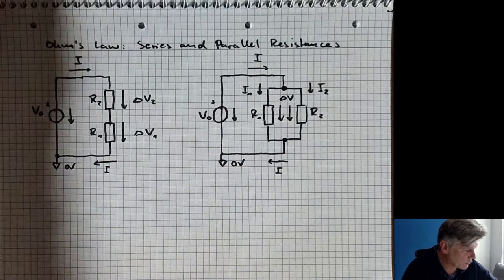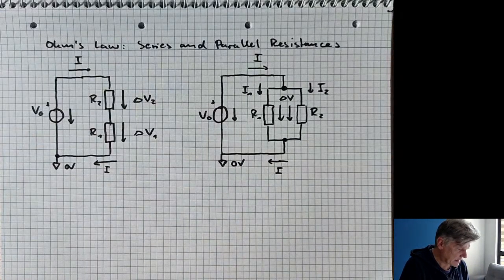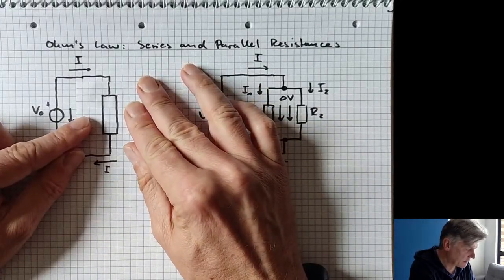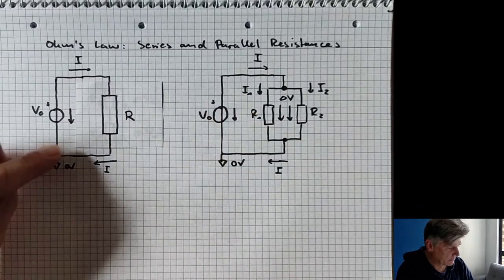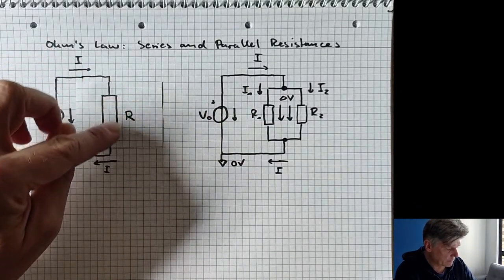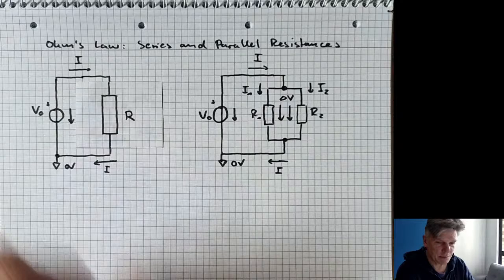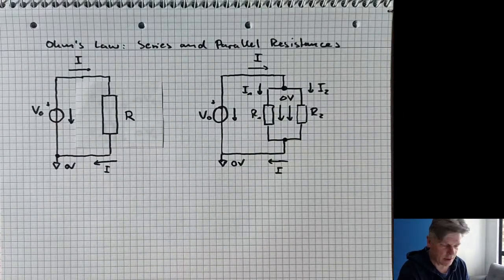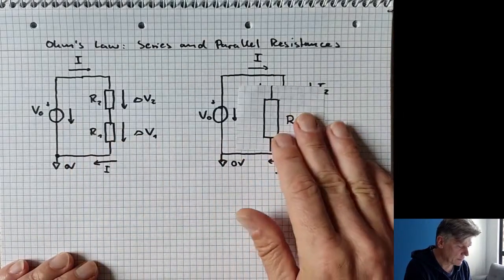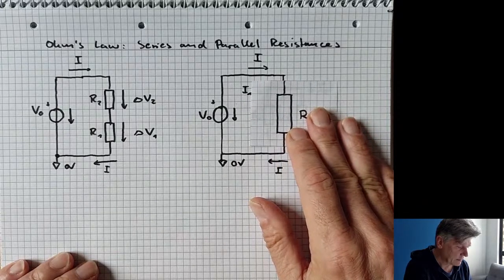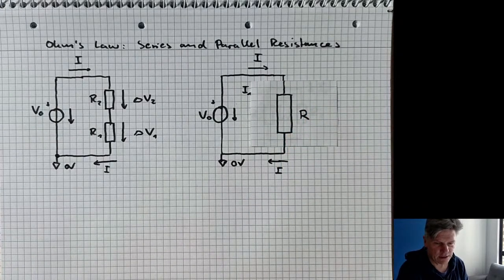Okay, so what in fact is seen from outside is this. You have a voltage source, a current, a resistor, the same current, and back to the voltage source. And the same is true for the parallel resistances, right?